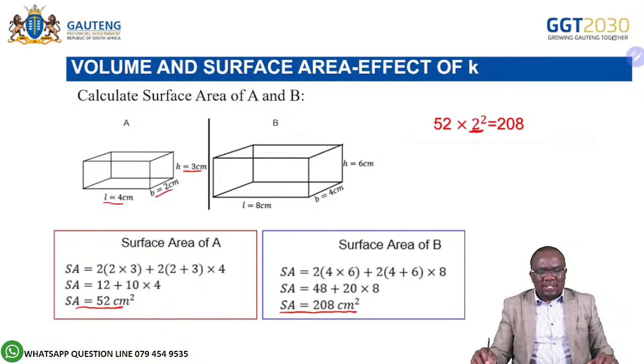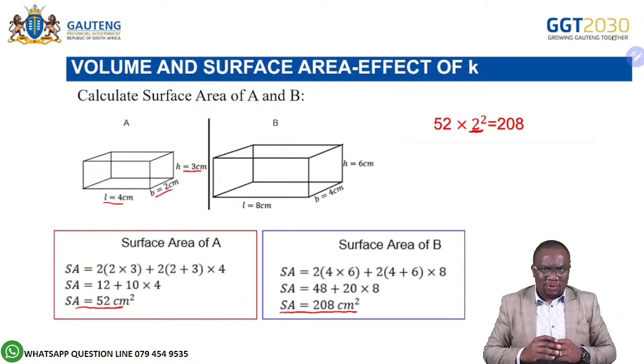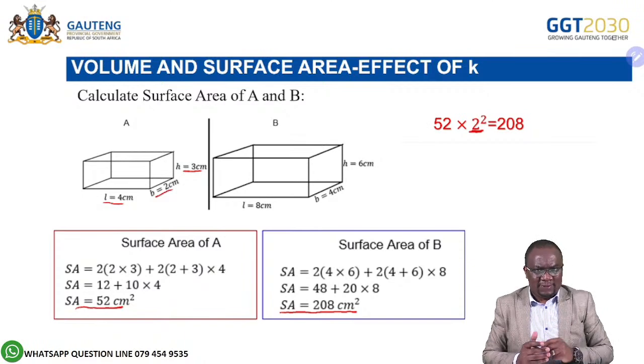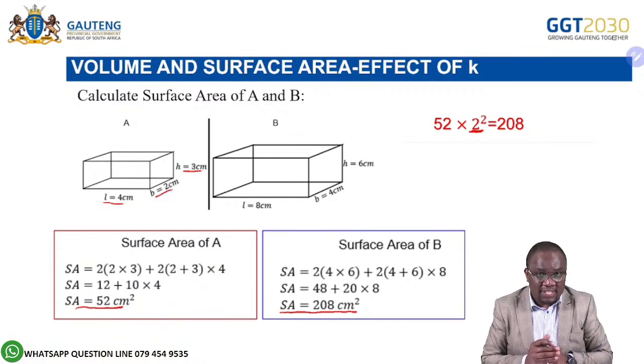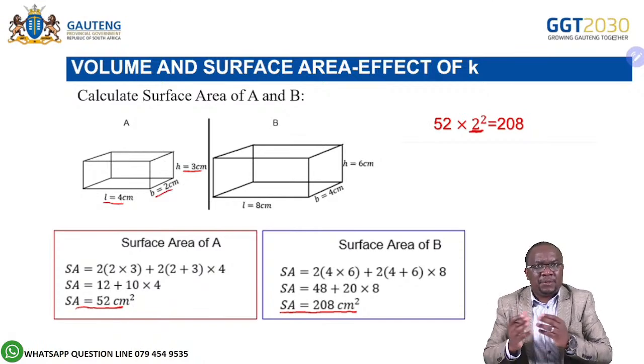Right. I want us to try to conclude here. Our K that we're talking about, remember, the effect of K. In this case, our K is 2. Remember, I said K can be 2, can be 3, can be 4.